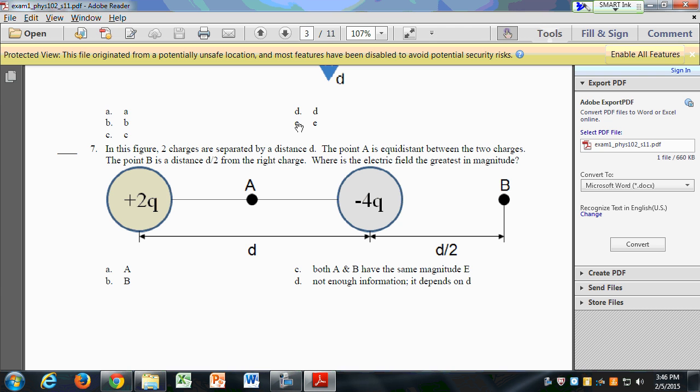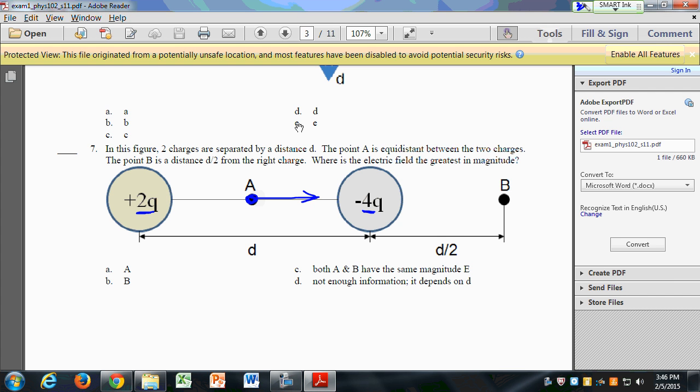Okay, this one's good. You can see something like this. Where is the electric field the greatest in magnitude? I think we worked on one like this in class actually. I can just draw the electric field vectors. So for example here, due to this charge, electric field vector in that direction.